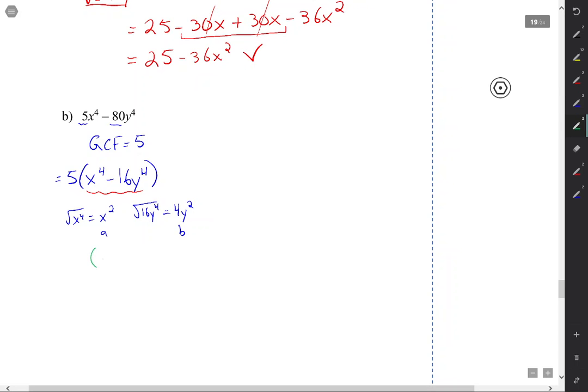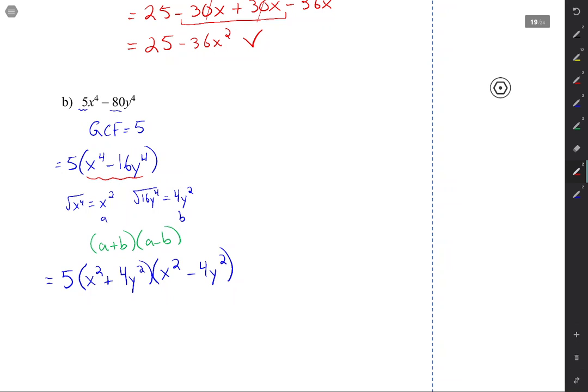So for difference of squares, remember we're doing a plus b times a minus b. So our answer for this one here would be, don't forget that 5 out front, and then we would have our a value, which is x squared. So x squared plus the b value, which is 4y squared, times our a value again, which is x squared, minus our b value, which is 4y squared.